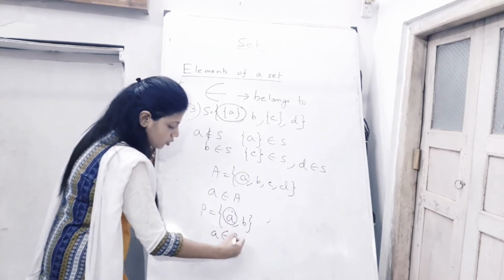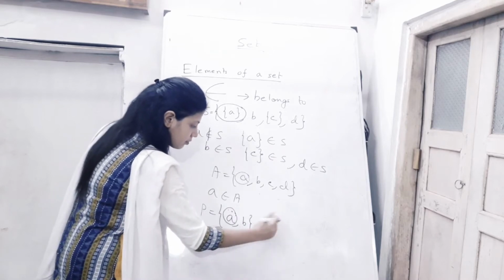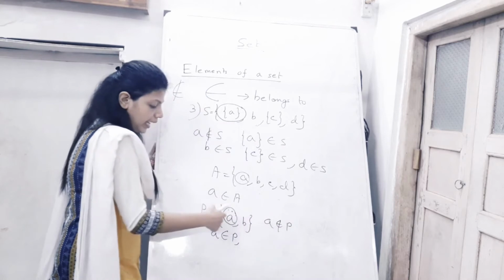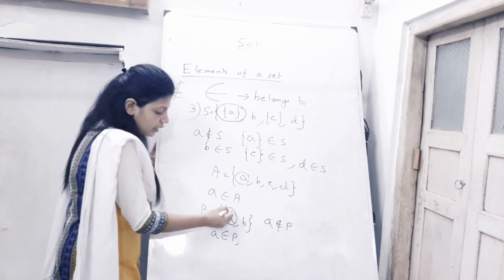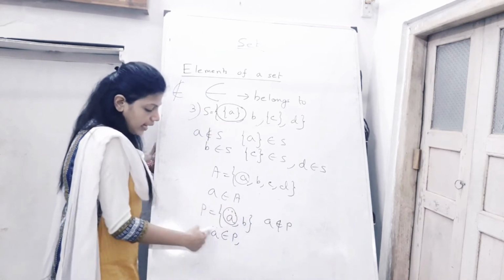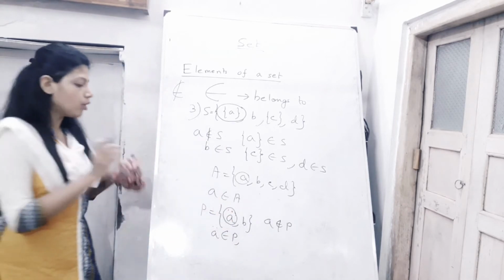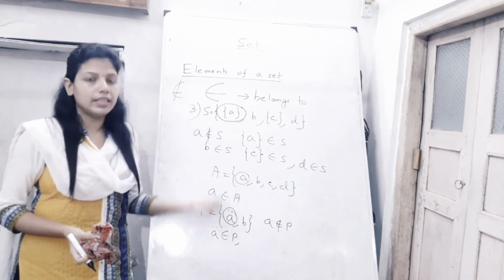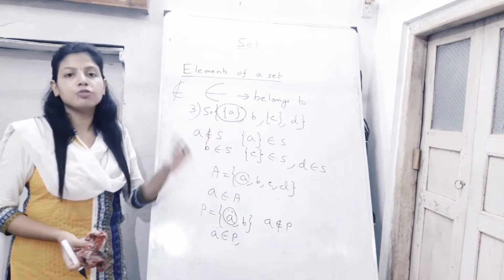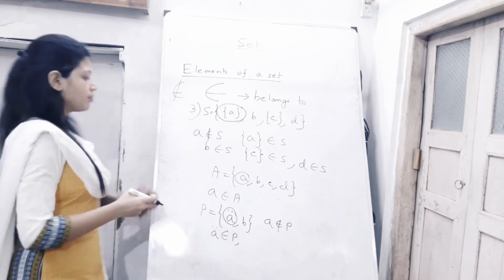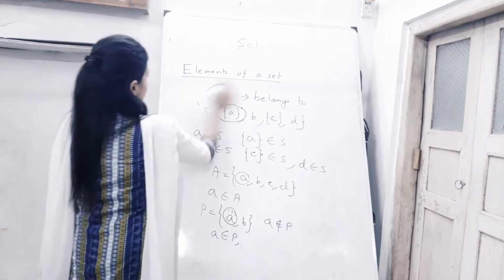This one belongs to P, but A does not belong to P because A is not there. Okay, so this notation is there. That's why it belongs to P. So element means whatever the notation, whatever the symbol will be there inside the set, I have to write the whole. I think this one you have understood.